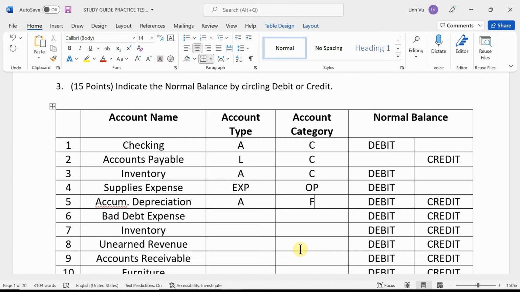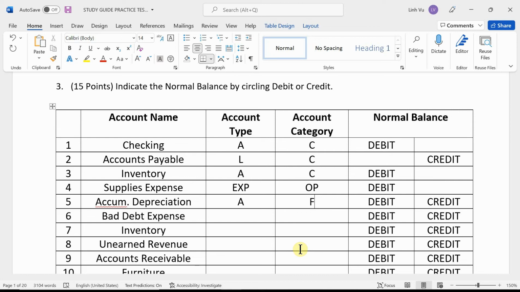Okay, what is accumulated depreciation? It's part of a fixed asset. What does it do? It calculates the new value every year. And what is it doing to the asset itself? It's losing value.